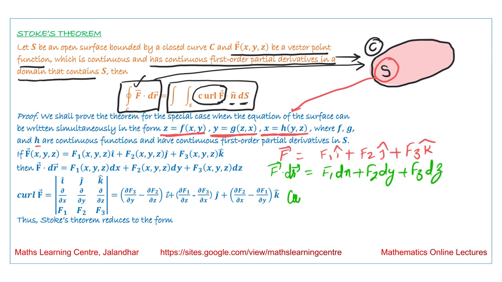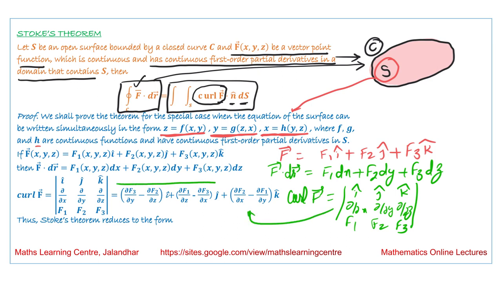Now curl of F vector is equal to the determinant with rows i j k, del by del x, del by del y, del by del z, and F1 F2 F3, and when we open this determinant we obtain the answer in this form.